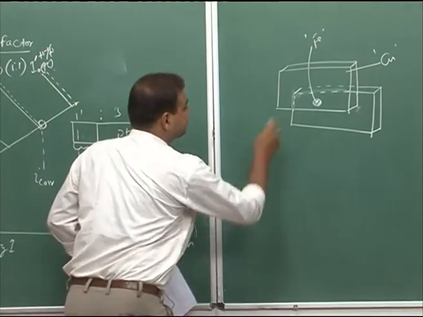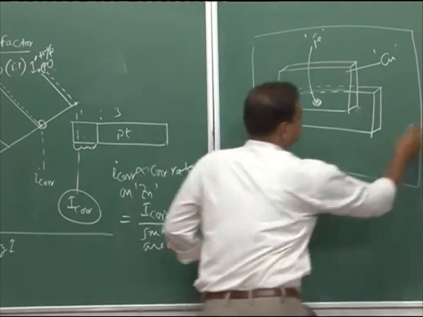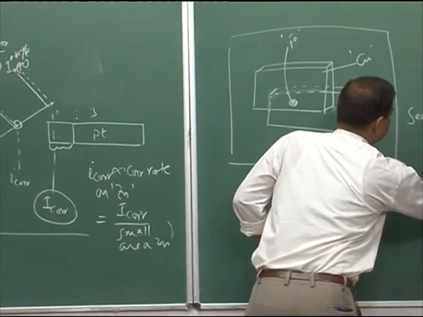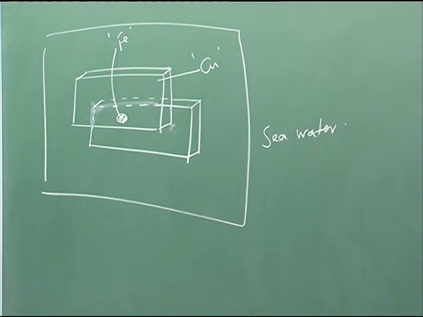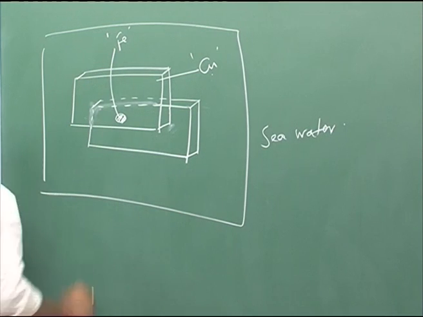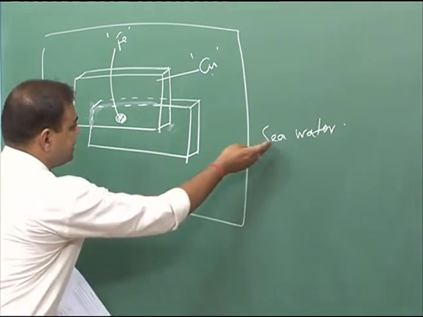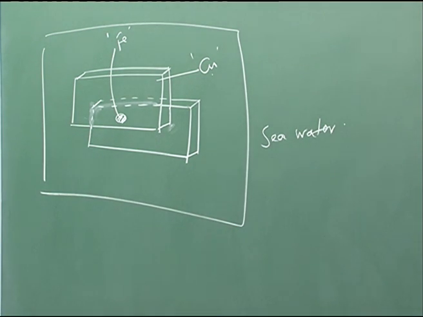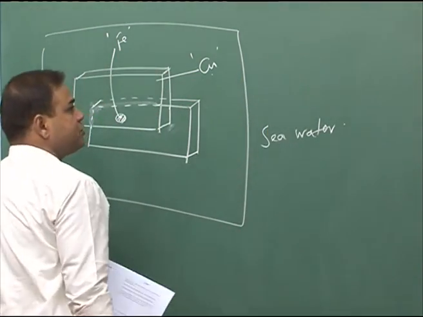Now, here what is cathode here? Let us say this entire stuff is put in sea water. Now, in this situation, we go to the galvanic series, and in the galvanic series copper is noble and iron is active, since copper is above iron in the galvanic series in seawater solution. So, copper will act as cathode. So, what would be my cathodic reaction in seawater?